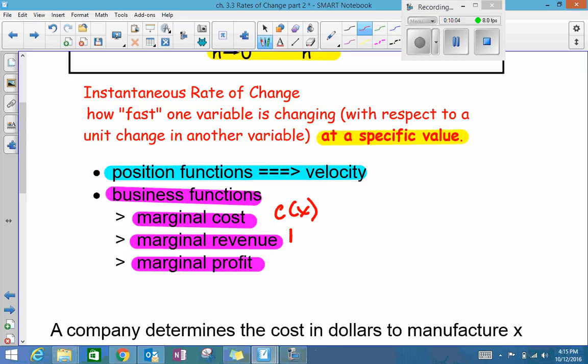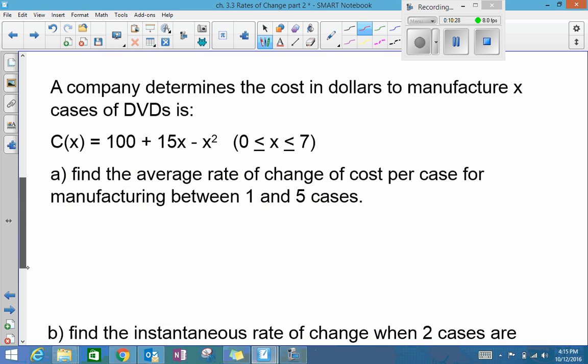Part of mastering this is learning the correct vocabulary. When we talk about velocity, we have applied the instantaneous rate of change to a position function. When we talk about marginal cost, revenue, or profit, we have applied it to a business function. Okay, so let's try some.